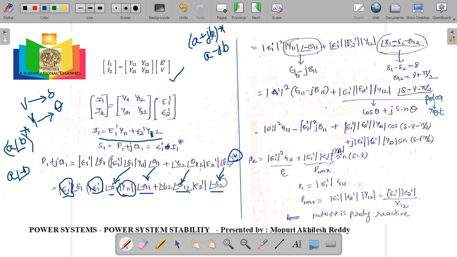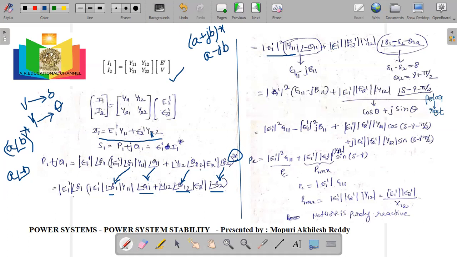I am taking all the magnitude terms. So I will get the whole magnitude term at an angle of, see, this plus delta 1 minus delta 1 will get cancelled. So only this minus theta 11 will be left. So E1 dash square into Y11 at an angle of minus theta 11 will be coming.